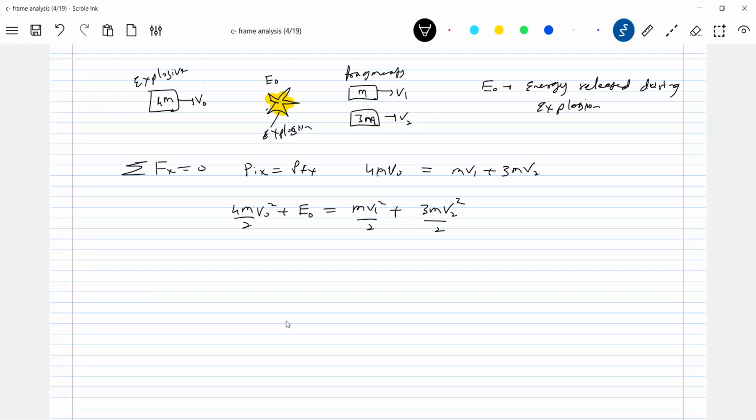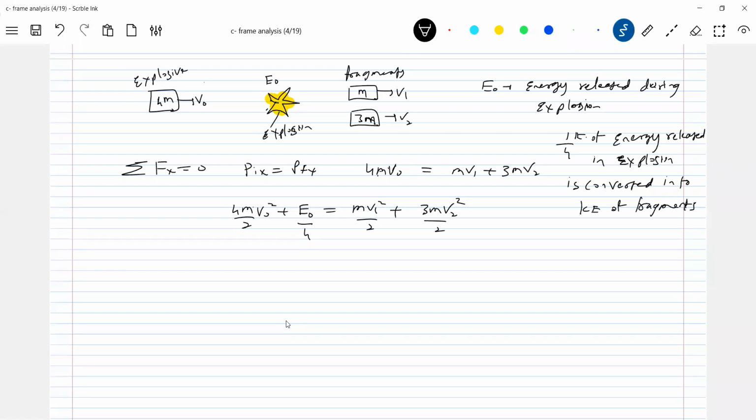So this E naught need not always be fully converted. I'll put it like this: 1/4 of energy released in explosion is converted into kinetic energy of fragments.